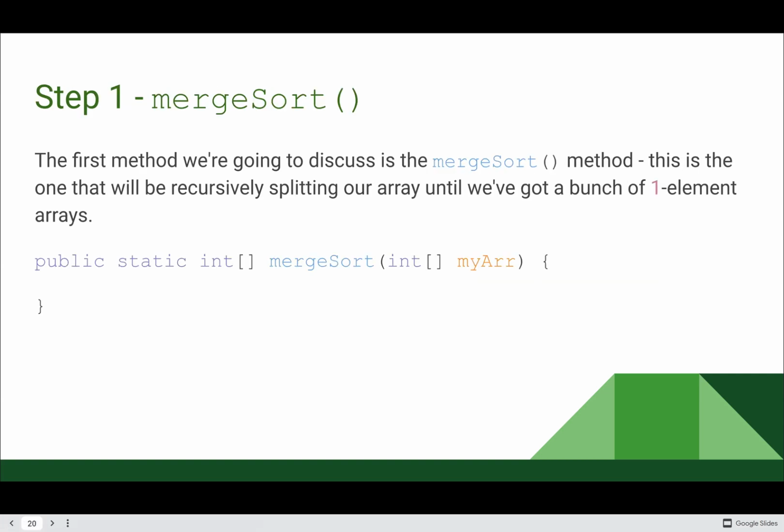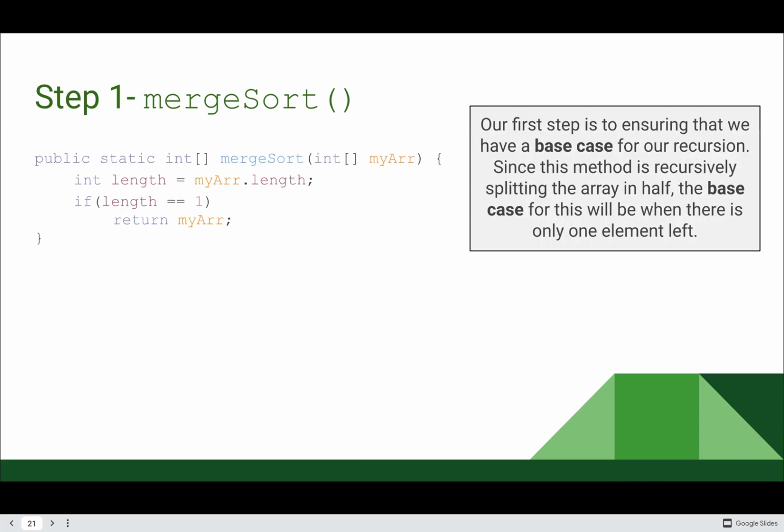So, like I mentioned earlier, there are two methods that go into building merge sort. The first method is the one that is recursively going to split our array into those single element arrays. So our merge sort method is going to get an array as a parameter. That's the array that we want to sort. Our first step, remember, anytime we do recursion, we need to have a safe space. We need a way to stop our recursion.